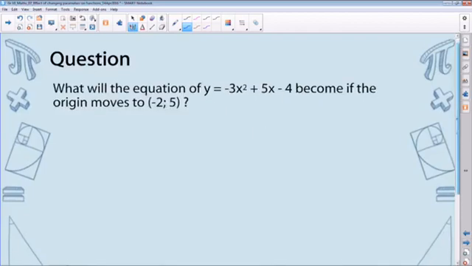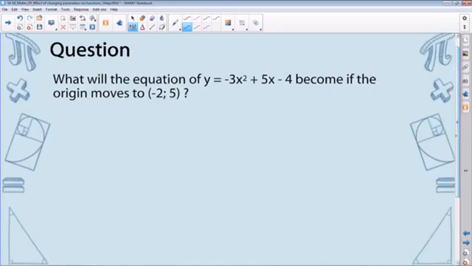We look at this problem. The one before this one, we'll do it after. What will the equation of y equals minus 3x squared plus 5x minus 4 become if the origin moves to minus 2 and 5? Now remember, this is your origin. So now it means that what has happened is you have your minus 3 bracket. The affected part will be your x again.